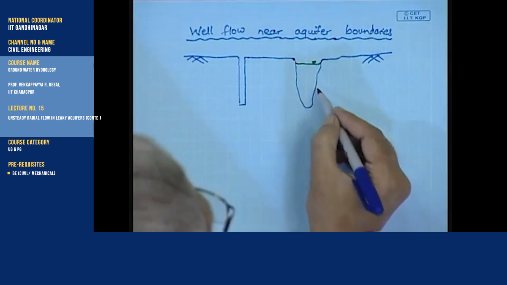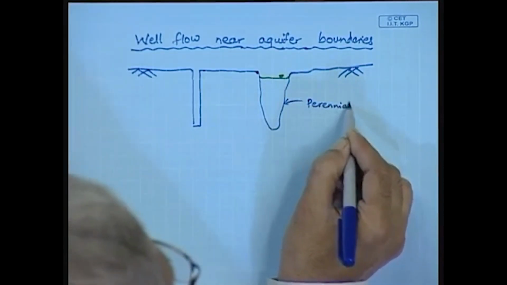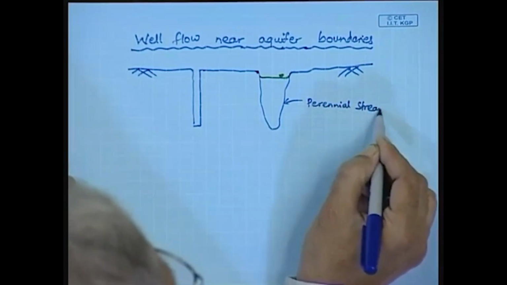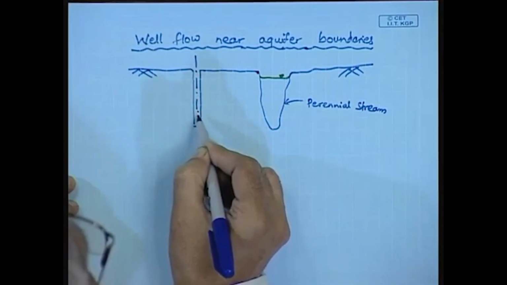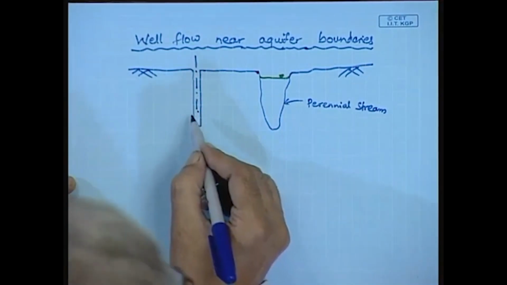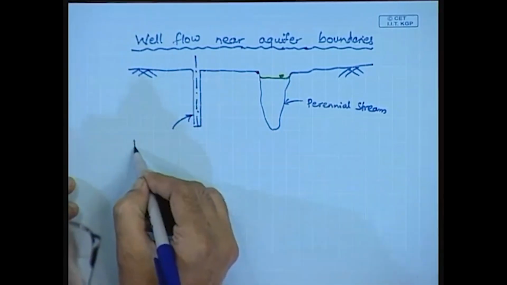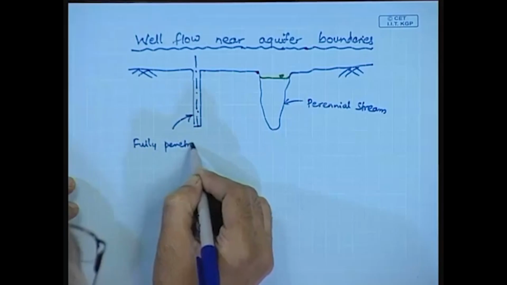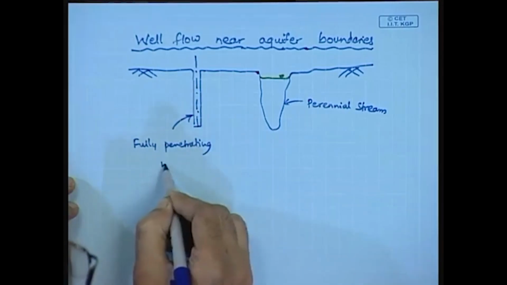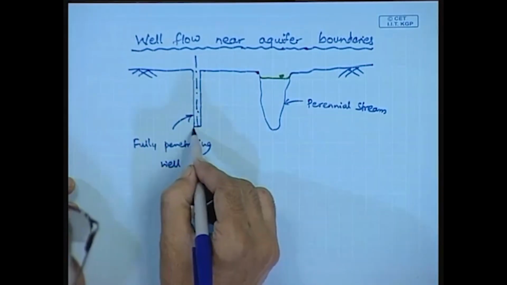This is the perennial stream, and this is the fully penetrating pumping well.